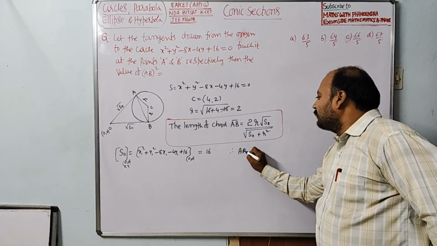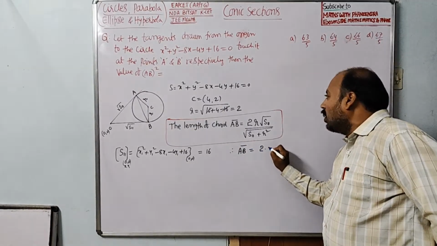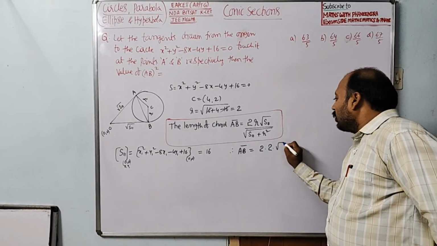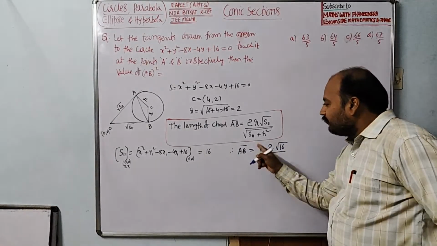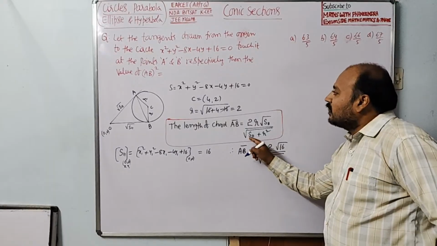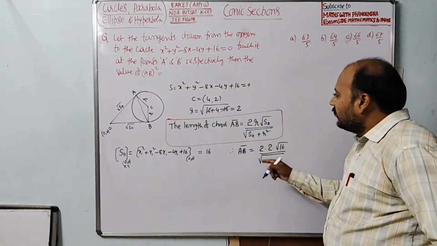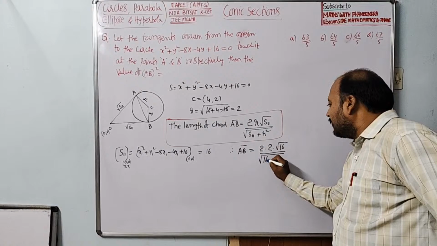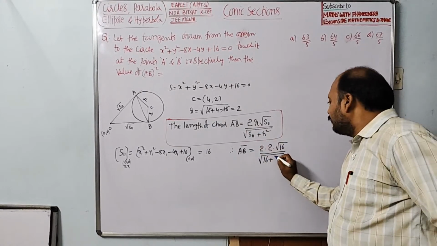Therefore, the length of chord AB is equal to 2 into the r value 2, root 16, divided by root of S11 plus r square. S11 we got as 16, plus r square, 2 square is 4.